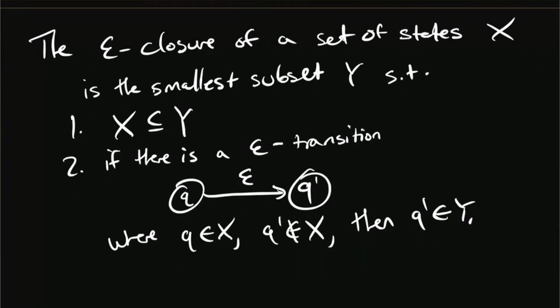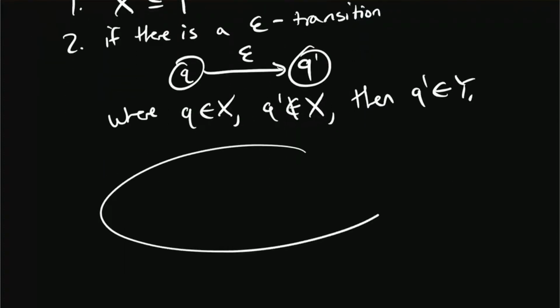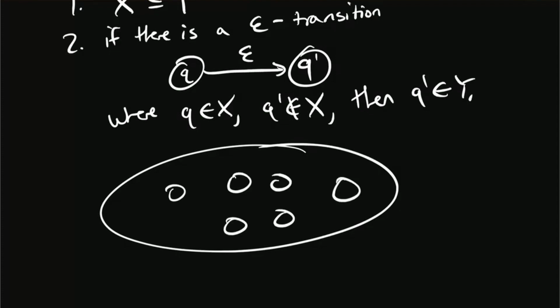Kidding. So what does this mean? This says that we have a set of states right here. And let's just say that an epsilon transition is poking its head outside of this set. Well, could we reach the state that's immediately outside of that set? Could we reach it by only epsilon transitions? So let's just say we have a bunch of states in here, and one state on the right here that has an epsilon transition.